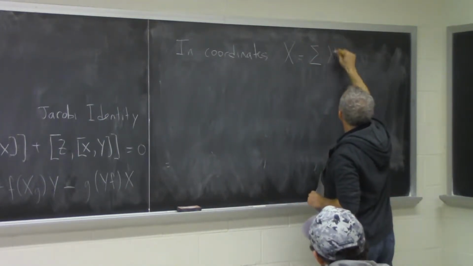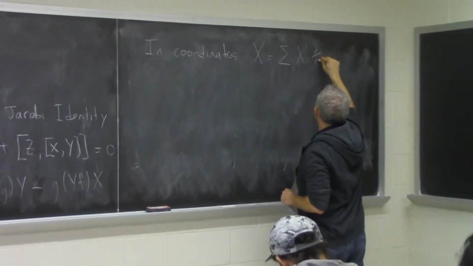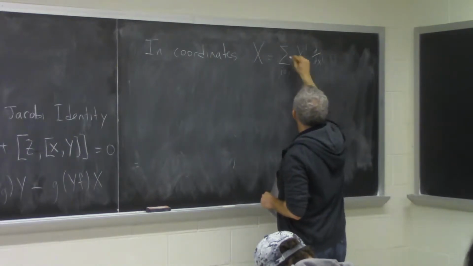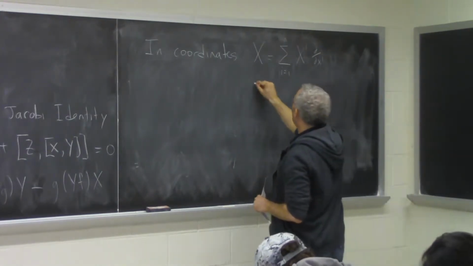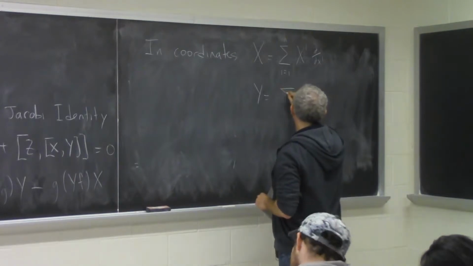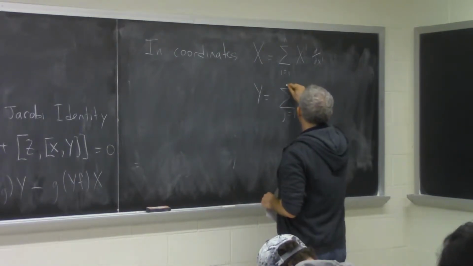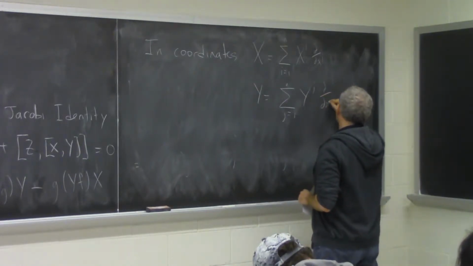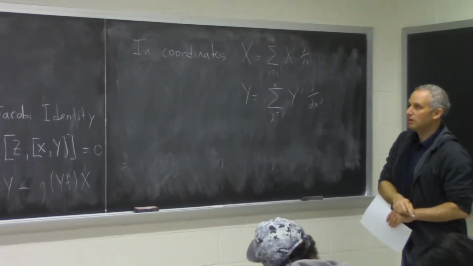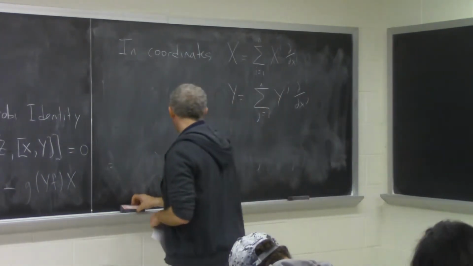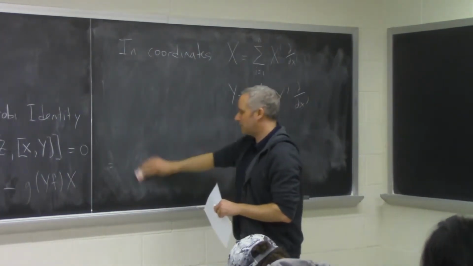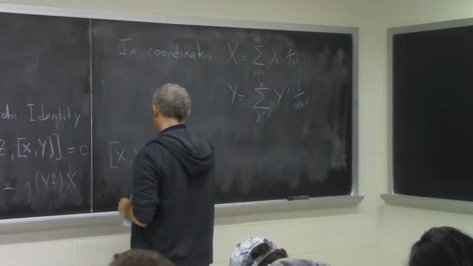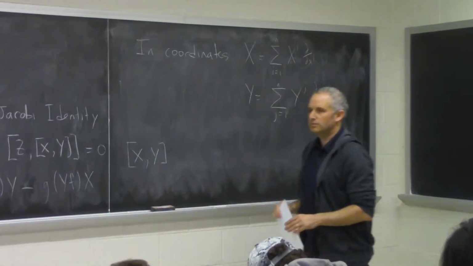This is some function times d by dxi, right? And we have i equals 1 to n of these, and y is a similar object. Right? Good. So if we understand the coordinate expressions for x and y, we can also deduce the coordinate expression for their Lie bracket. Okay?